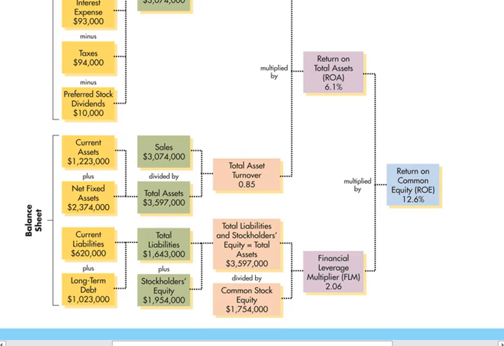So all these six boxes are related, but one or more of these boxes may be causing the multiplier to change. If we see that everything's the same except for current liabilities, we know that we took on additional current liabilities, and that's why the multiplier is higher. And that could be a reason for why the return on equity is higher. Remember, the more leverage you have, the higher your return on equity.